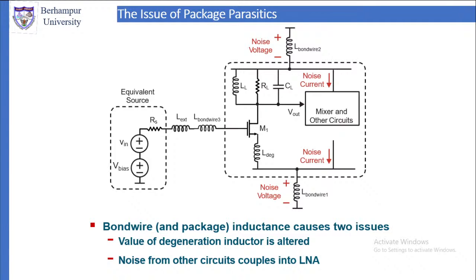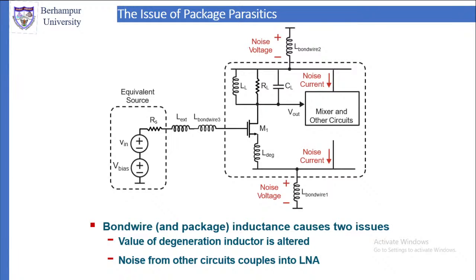The equivalent source is shown on the left side. The right side shows you the device and the circuit. If you look at this, we have an external inductor, then we have an inductor because of the bond wires. That is connected to the device and source. Between the device and source, there is the inductor due to the bonding.